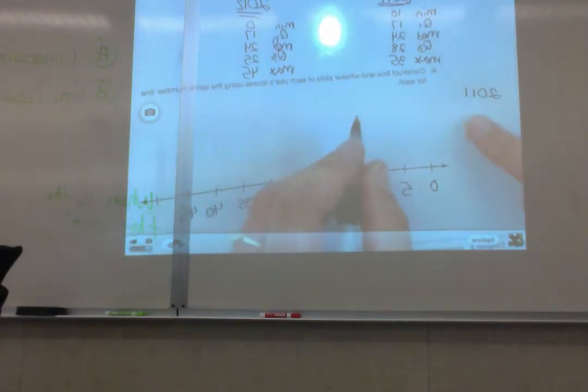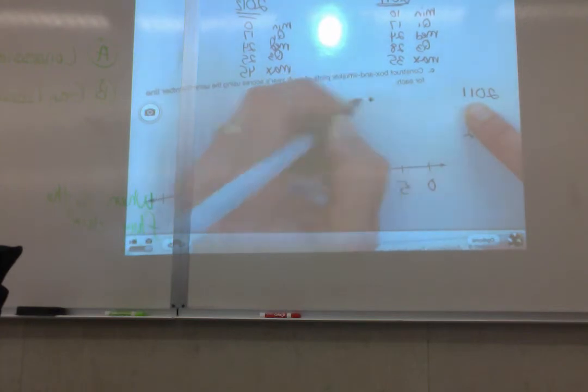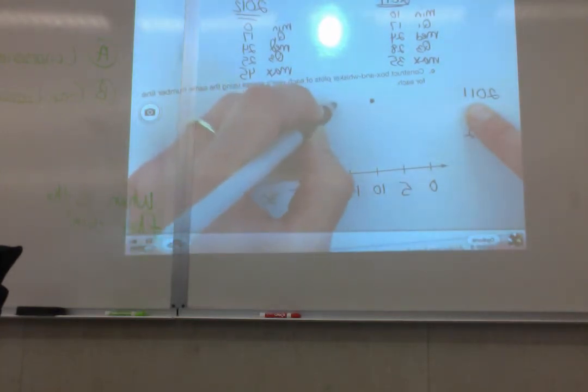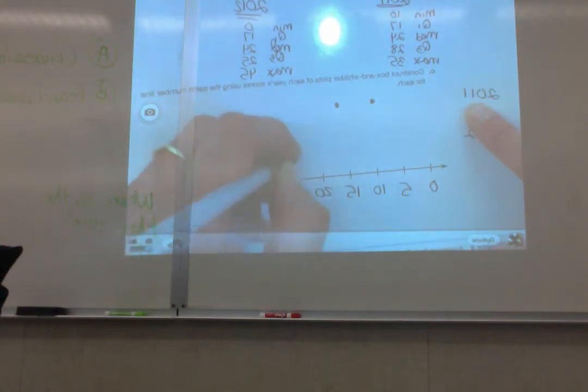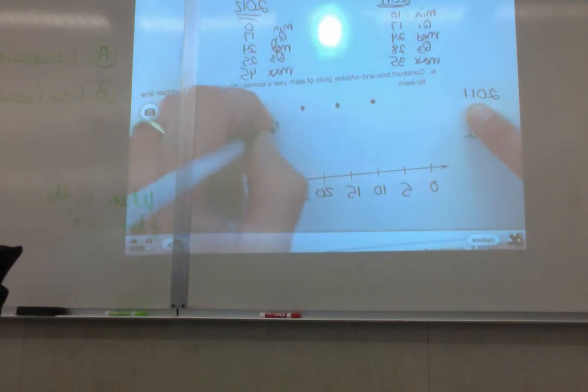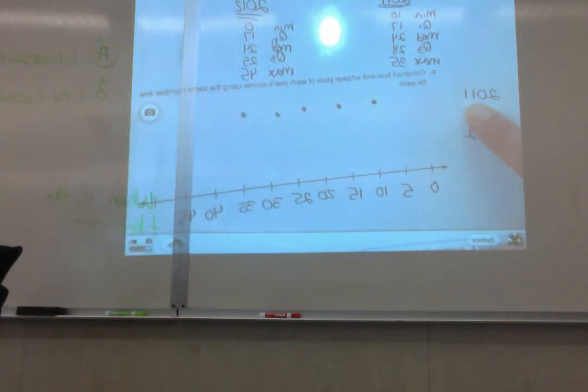Okay, so for 2011, I need a dot at 10, a dot at approximately 17, a dot at 24. Some of them are a little bit estimates because they're between increments of 5, and a max at 35.